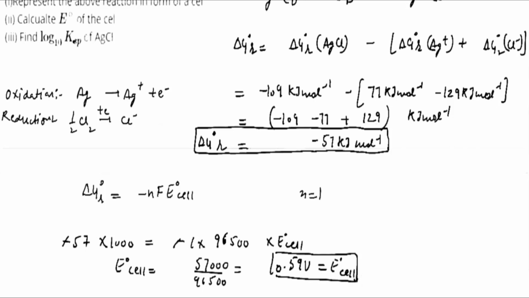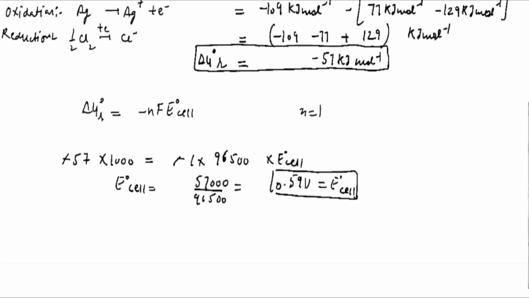Third is to find log base 10 Ksp of the AgCl. Ksp can be calculated from K, the equilibrium constant.